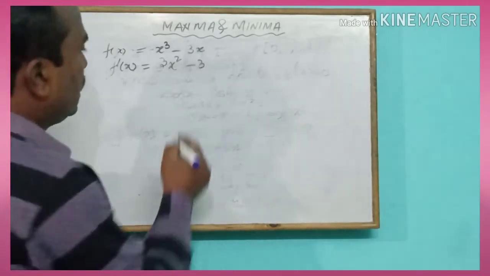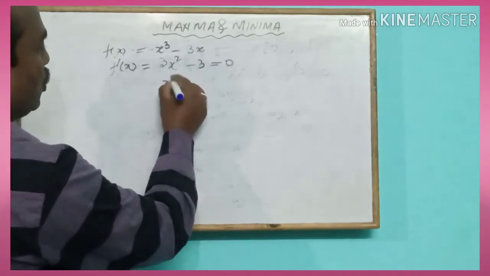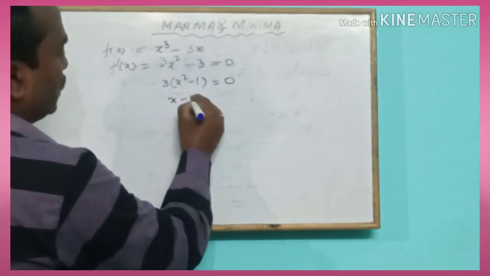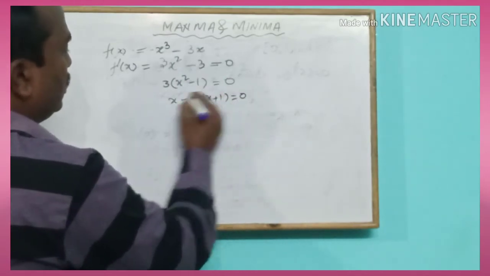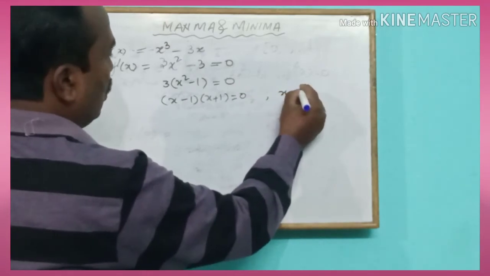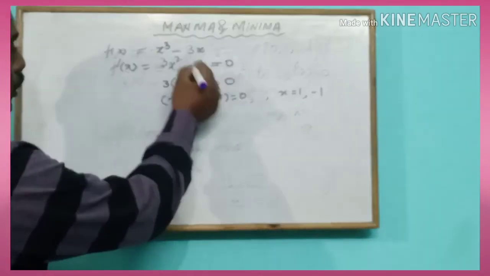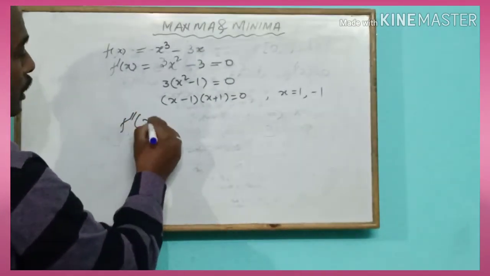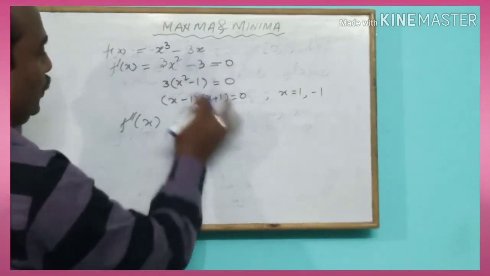Our next step is we equate it to 0. Then 3 is common, x square minus 1 equals 0, (x minus 1)(x plus 1) equals 0, x is 1 comma minus 1. So 2 points we have got. In order to check whether we have a maximum or minimum point, we find the second order derivative, that is 6x.